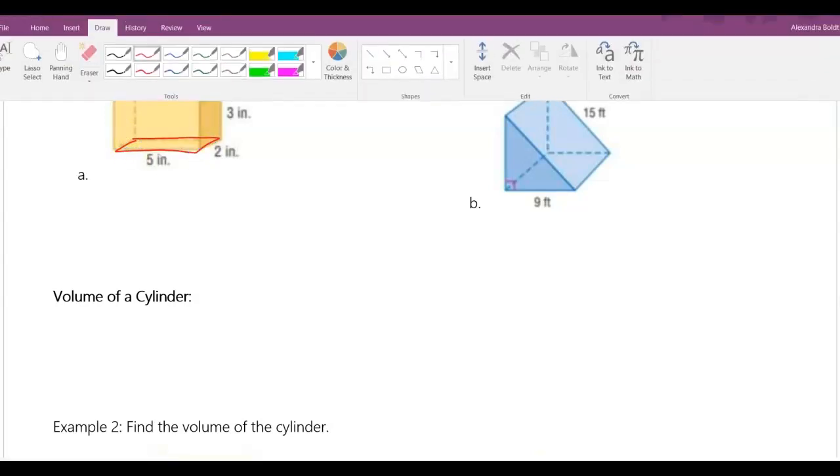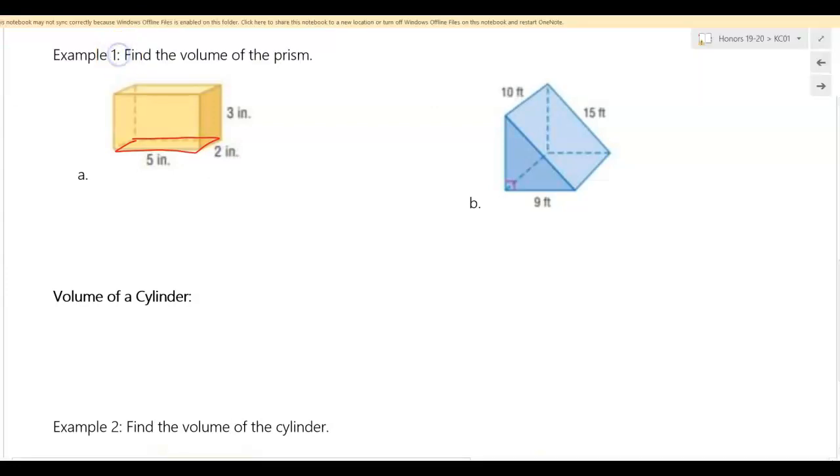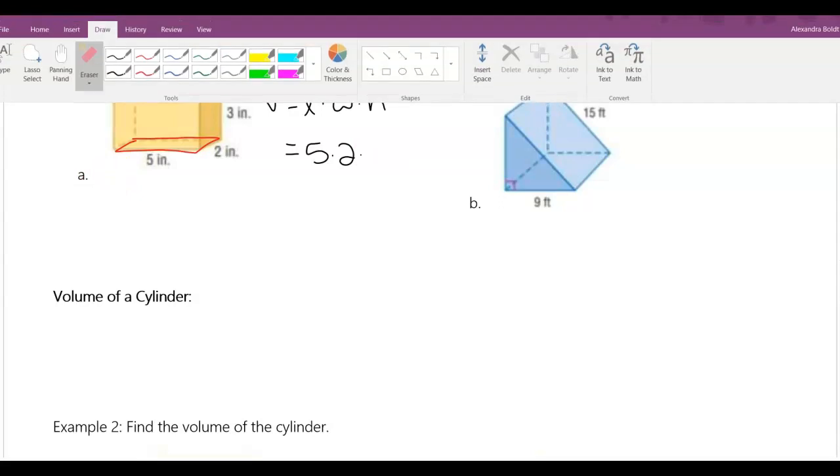So our volume formula with prisms, it doesn't really matter which one is which. Okay, there's that commutative property of multiplication. It's going to write height again, but it's not height, it's 3.